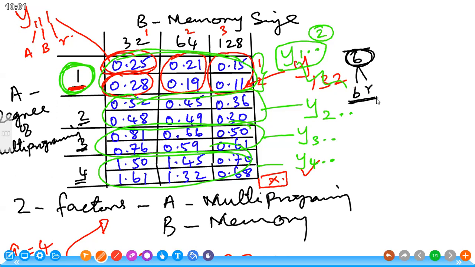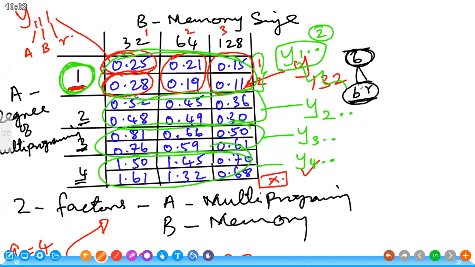Multiply this B and R. What is the value? 6. Across the BR, the constant is only the first level of factor A. Across the BR, we are adding all the values.